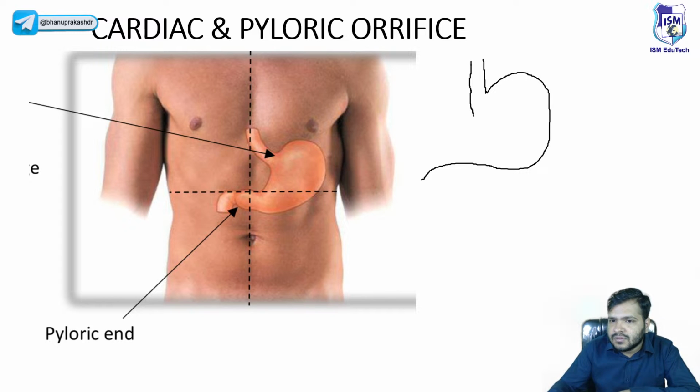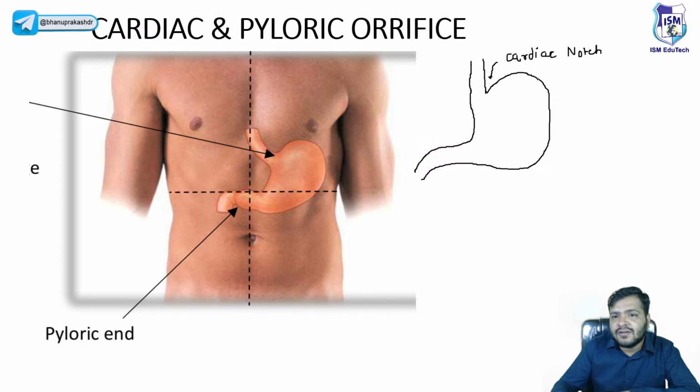Suppose this is the stomach, and remember, beta, we have an angle which is made between the esophagus and the fundus part over here. It is known as the cardiac notch. Now, what is the cardiac notch over here?